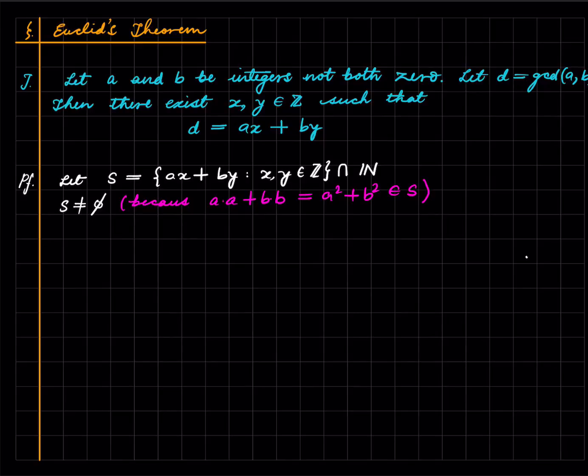So we have that. By the well ordering principle, we can choose the smallest element here. So let d be the smallest element in S. And we claim, we will show that d is equal to the GCD of a and b.